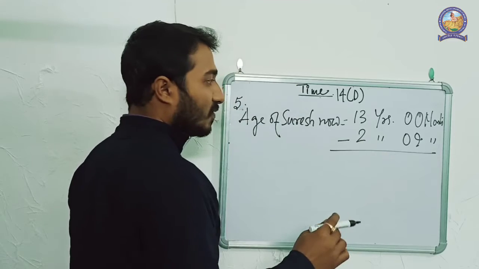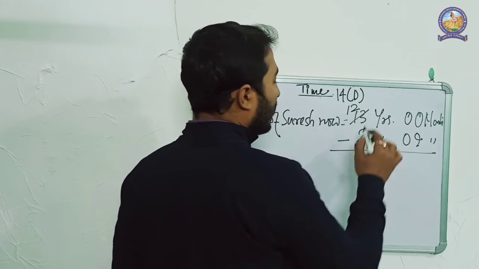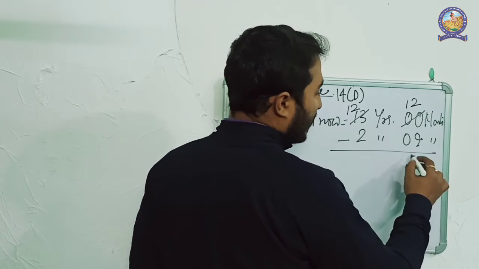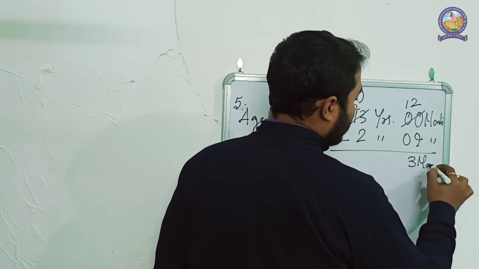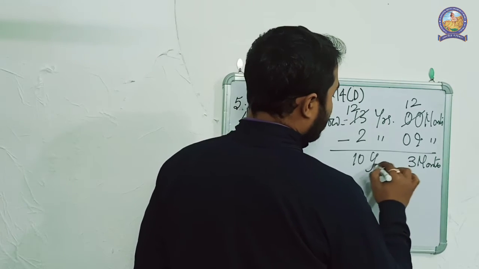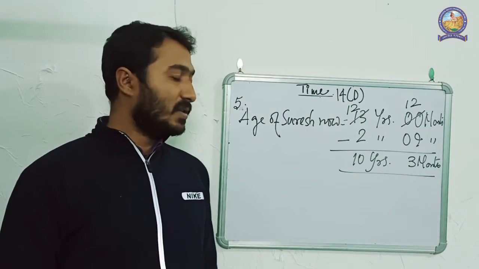Subtraction is not possible, so we will follow the same rule. We will take 1 from here, so it will become 12. And 1 year equals 12 months is given here, so it will become 12. So 12 minus 9, that is 3 months, and it is 10 years. So the age of Suresh now is 10 years, 3 months.